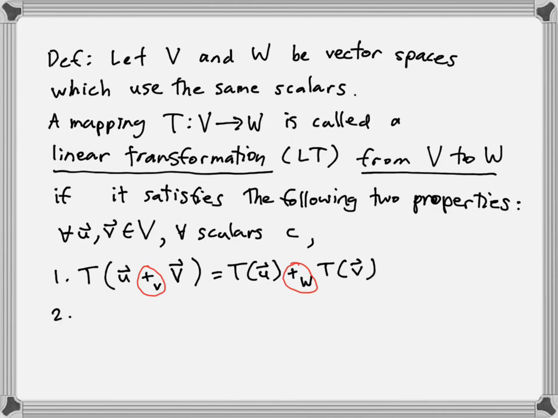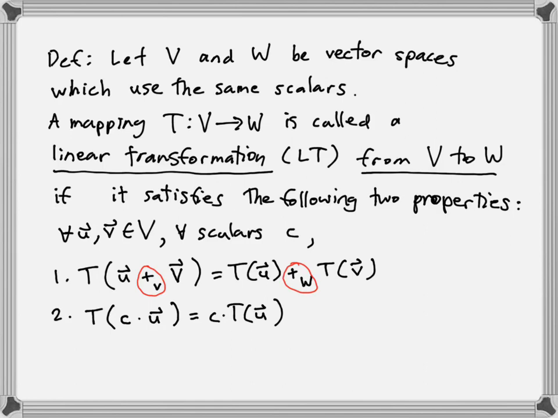Property 2, T of c times u is equal to c times T of u.